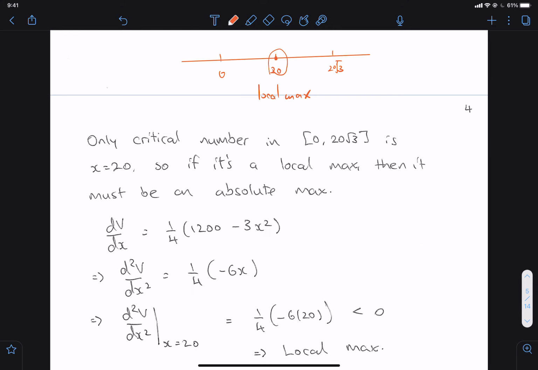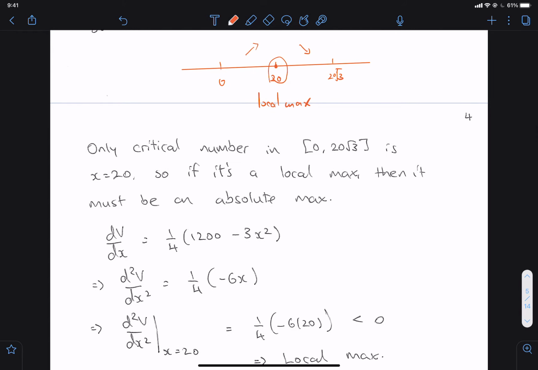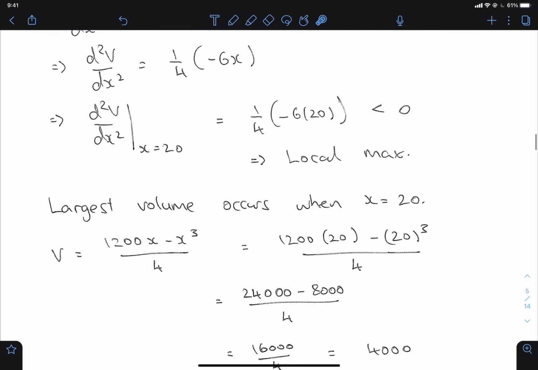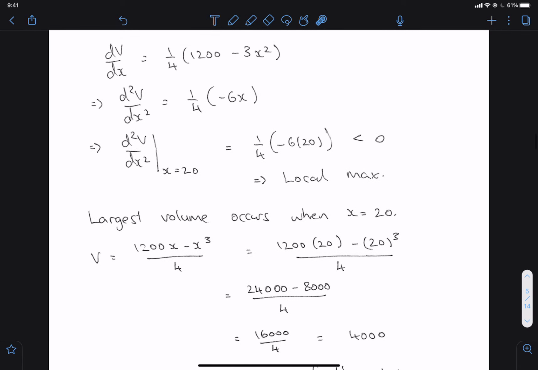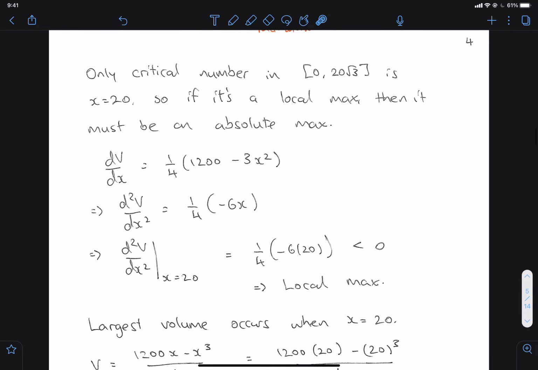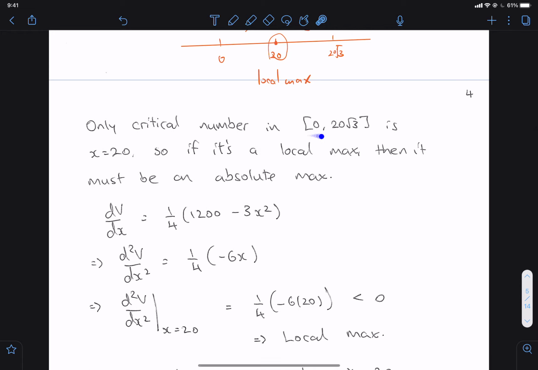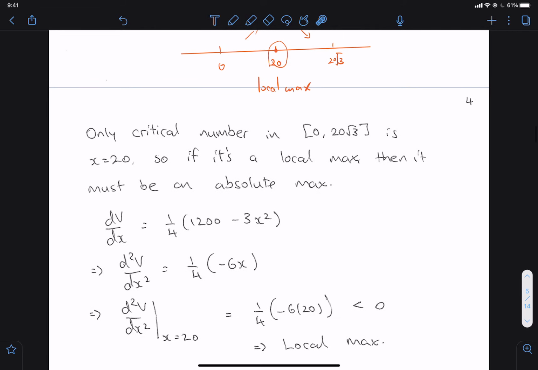That means the function was first increasing, then decreasing. This can also be verified by the first derivative test, that's up to you. But as long as we know this is a local max, we proceed. The local max in this interval is also our absolute max, just like the previous question, because this is the only critical number.